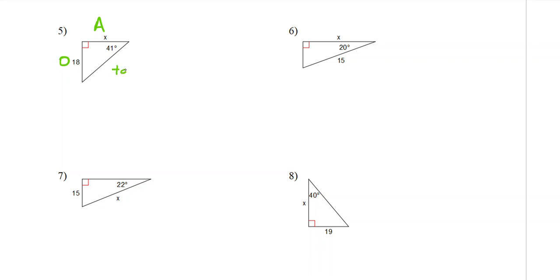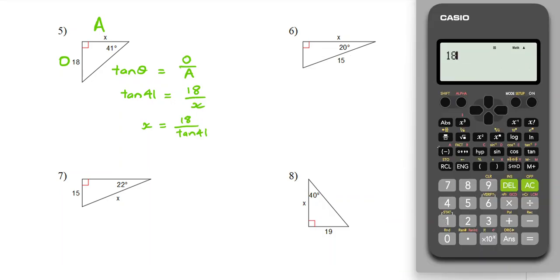So we write down tan theta equals O over A. And then we sub in, my angle is 41 equals O on the top, which is 18, and A on the bottom, so the X on the bottom. Yes, perfect. This is the divide one. Switch places, and we type that in. So to 1 decimal place.